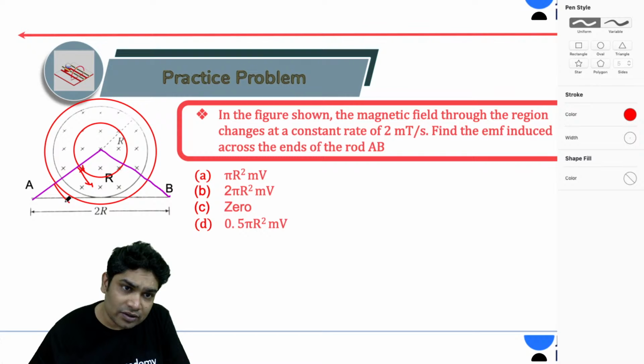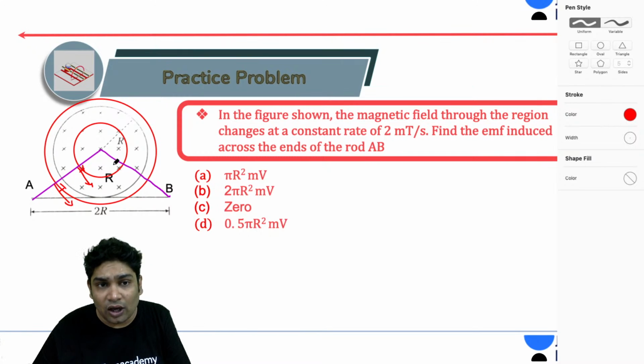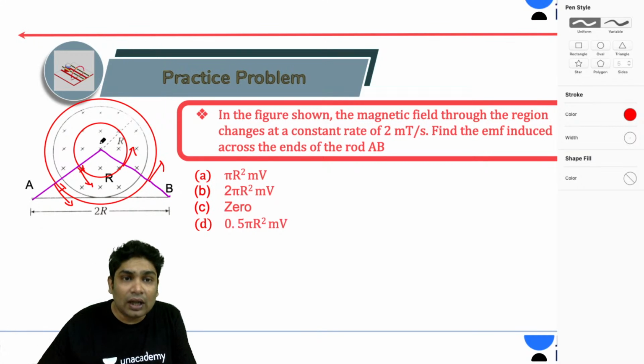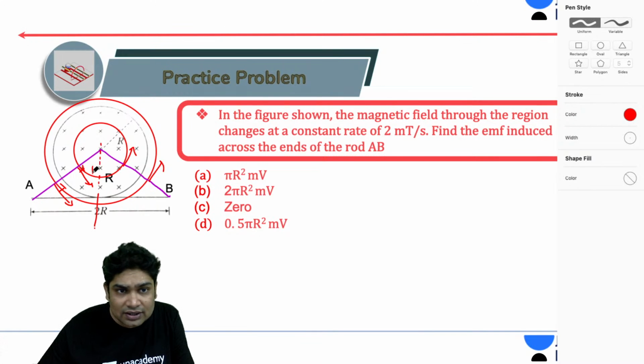At this point, it is oriented like this, so it is at 90. So along radial lines, E dot dl would always be zero. And if you draw this, this is R, this is R, so this would have been 45, this would have been 45, so this entire angle would have been 90.